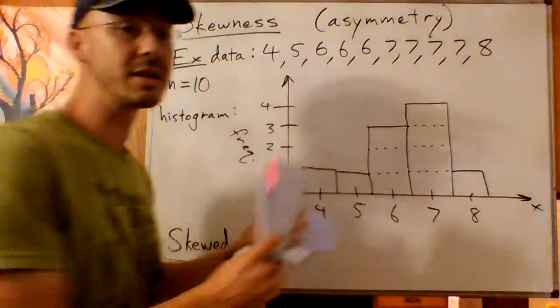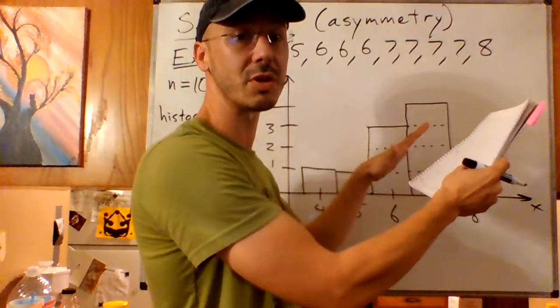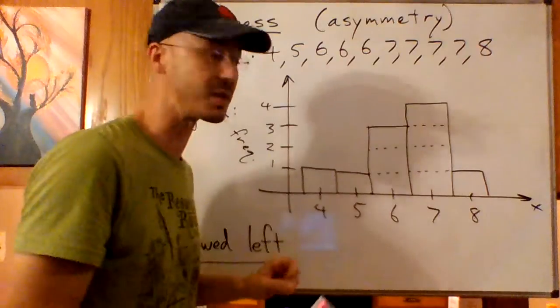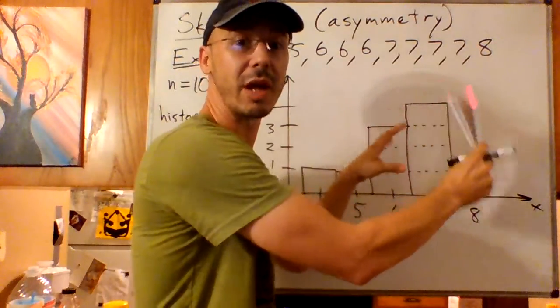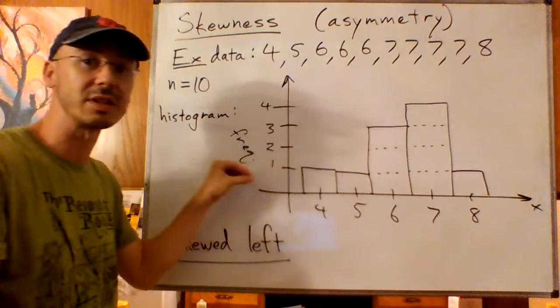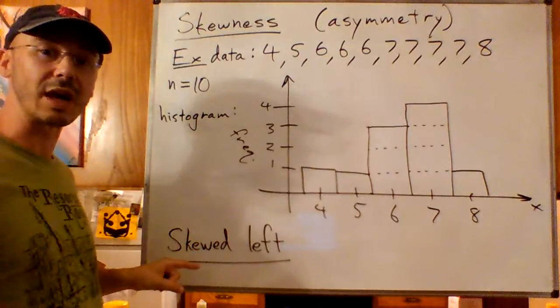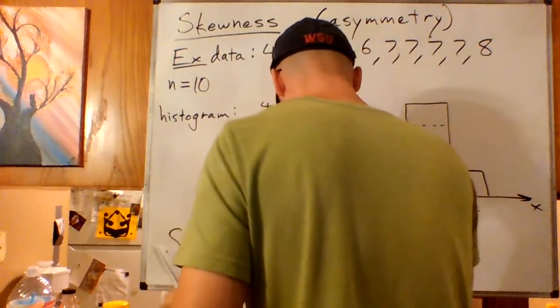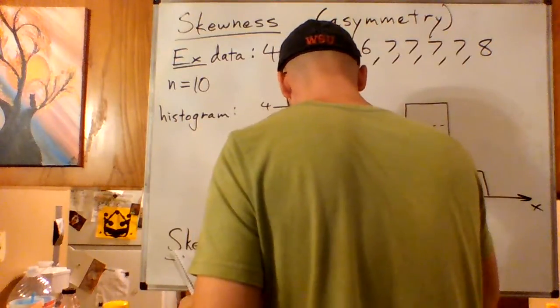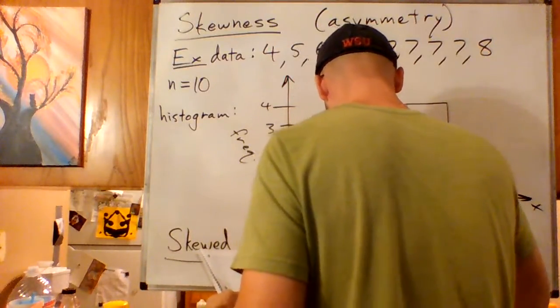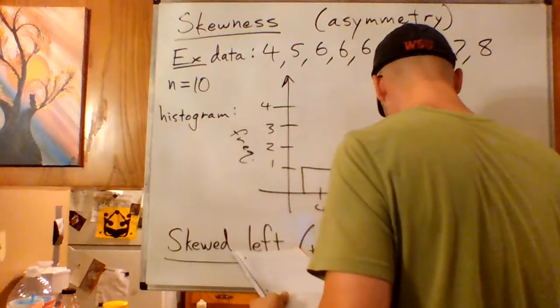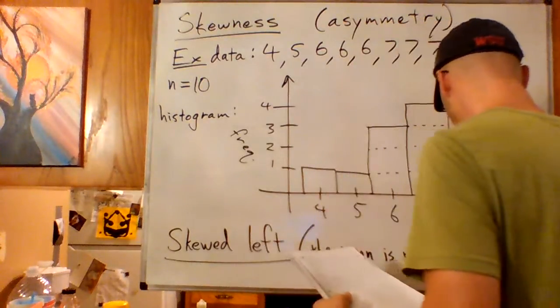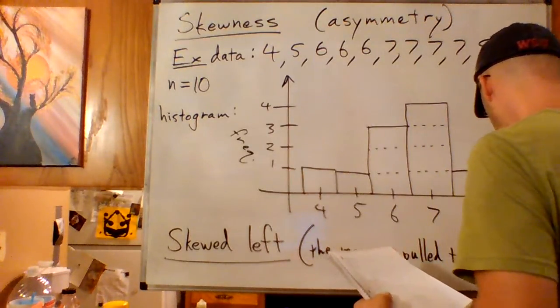So I said it looks like the blocks were pushed to the right. A better way to think of this is that from a pile of blocks, we stretch it out to the left. It's skewed left. I'm going to say the mean is pulled to the left.